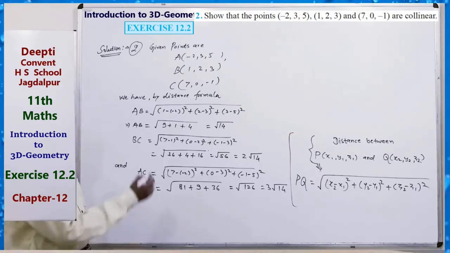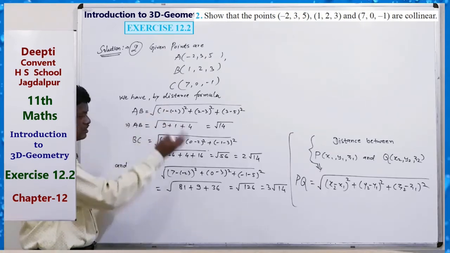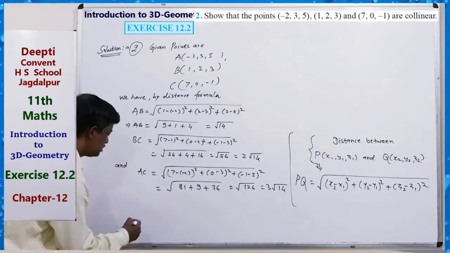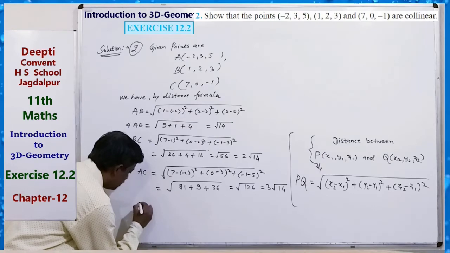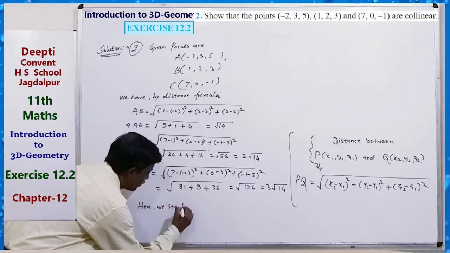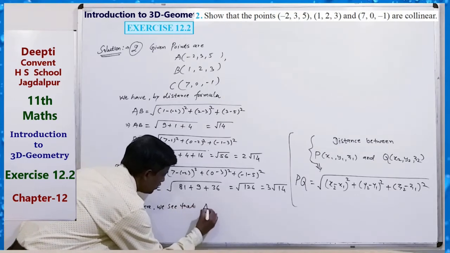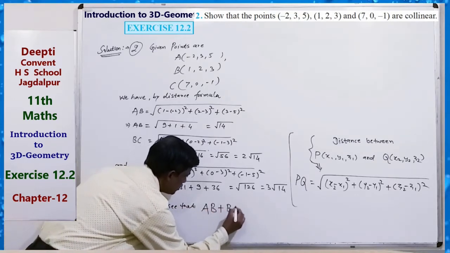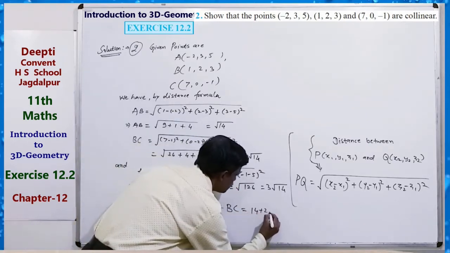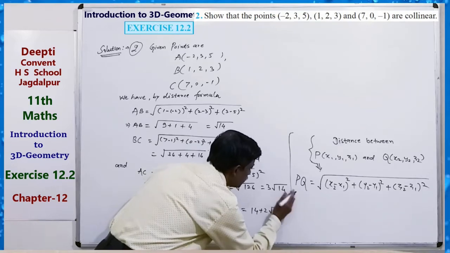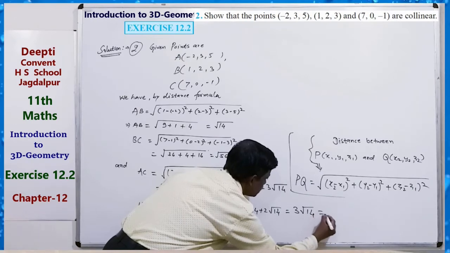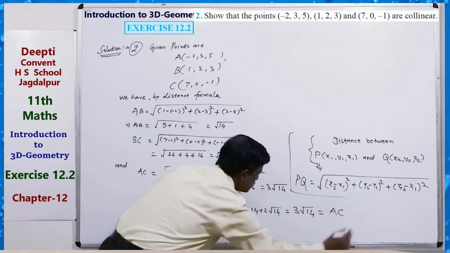So AB, BC, AC: we found only the distances between the points. Here we see that AB plus BC equals root 14 plus 2 root 14, which equals 3 root 14, that is AC.